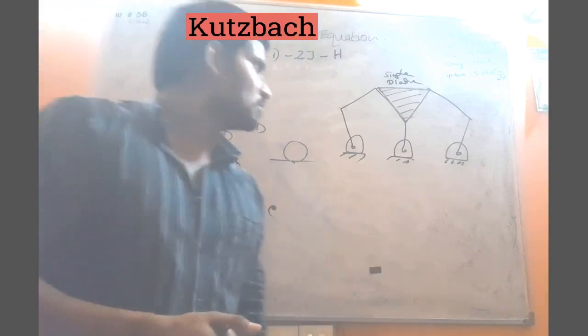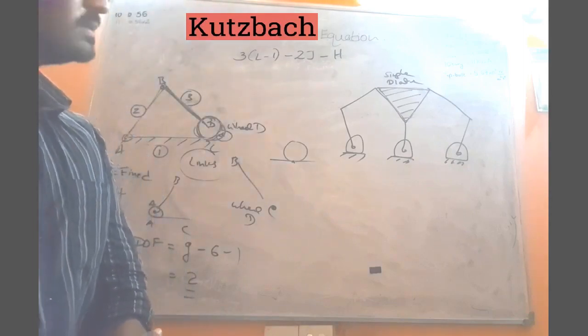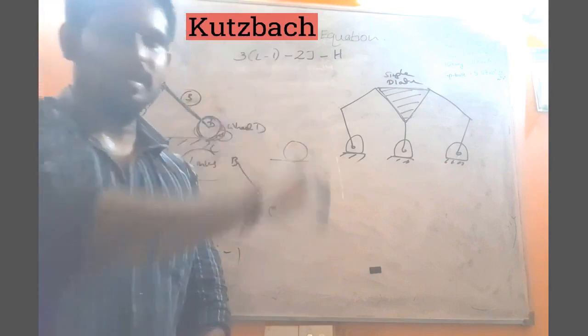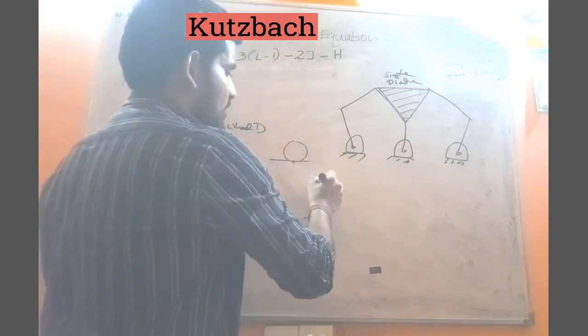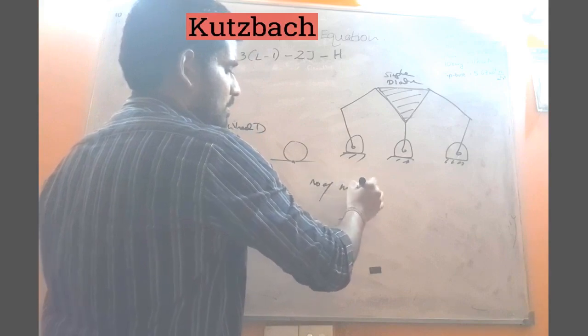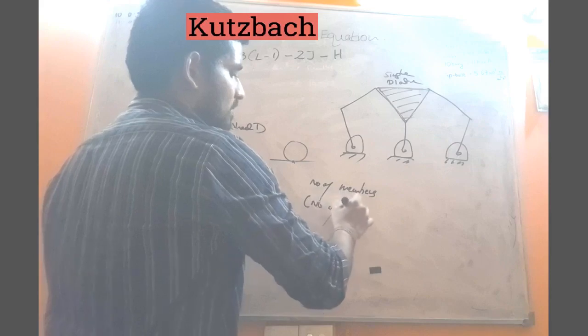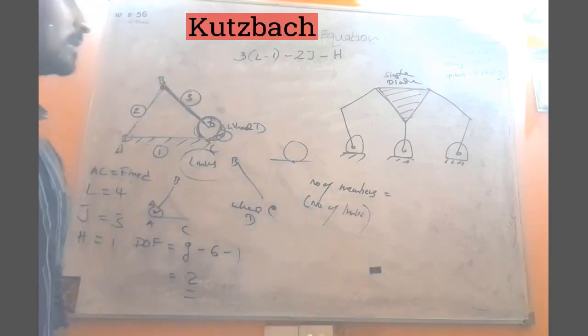Let's first do it like this. How many links are there? That means the number of members of this family of mechanism. Let's say number of links, so let's calculate that together.